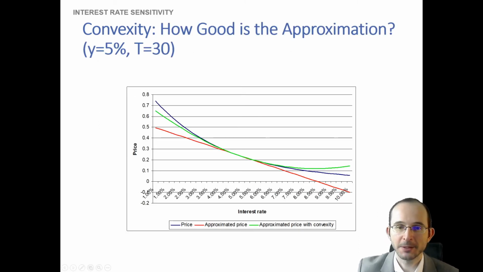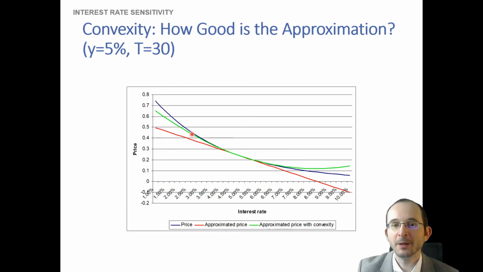So now let's go back to that same bond that we were looking at price changes for before, a 30-year bond. We start with a yield of 5%. We know that our linear approximation from duration is only so-so. But now if we approximate price changes including the convexity term, we actually see that we do better over a larger region.